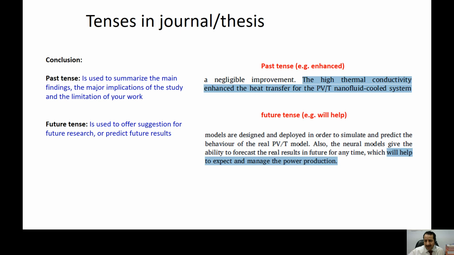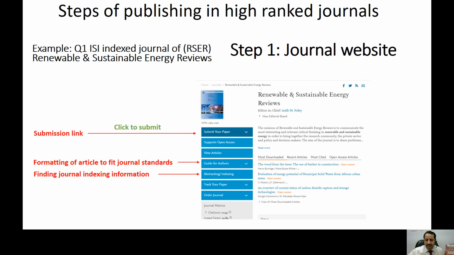For past tense, you see here, the high thermal conductivity enhanced, you see here, enhanced the heat transfer for the PVT nanofluid cooled system. While for future tense, I'm talking about the results in the future, at any time, which will help, you see here, will help the future and manage the power production.